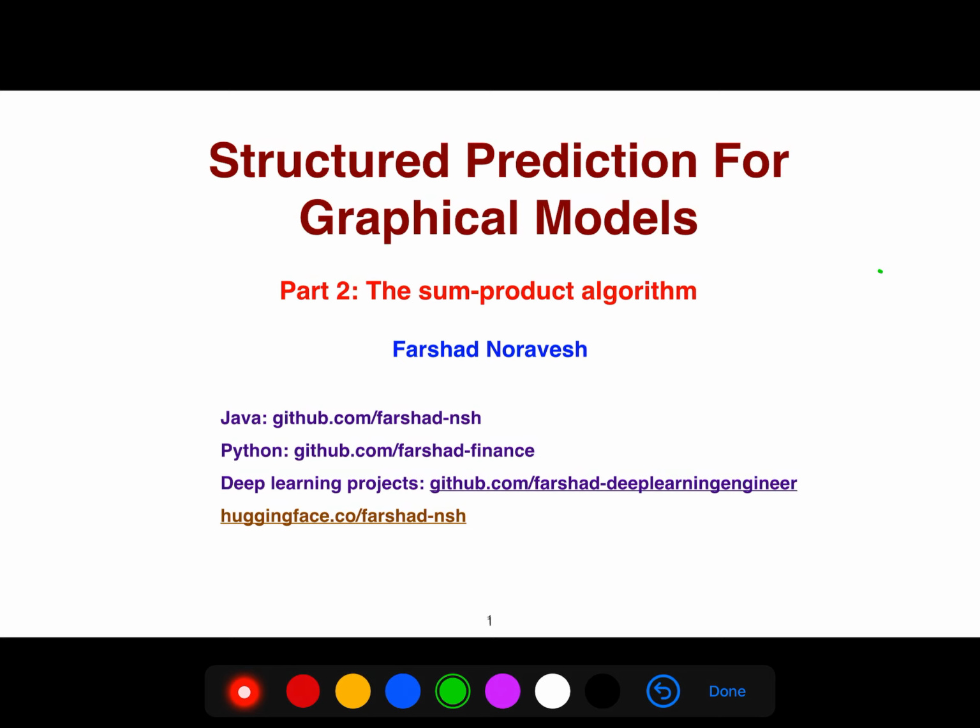So, the most popular approach to inferencing, let's say, all structured prediction and all graphical models, factor graphs, and so on, is the sum product algorithm, a simple variant of belief propagation.